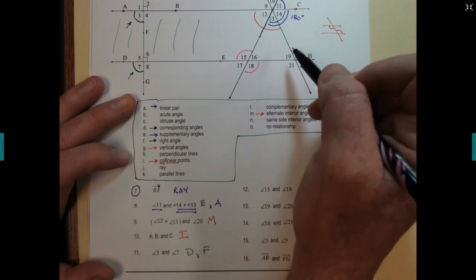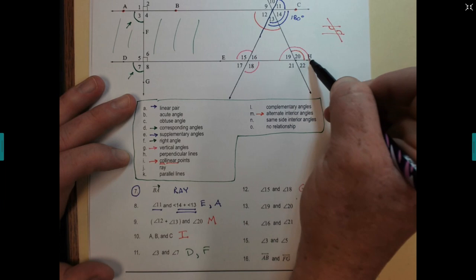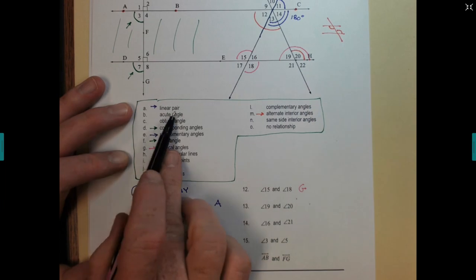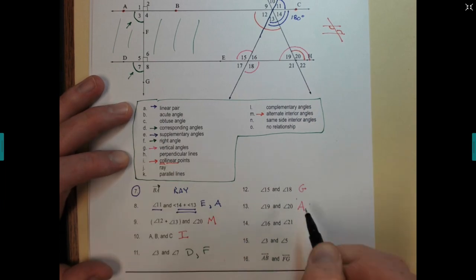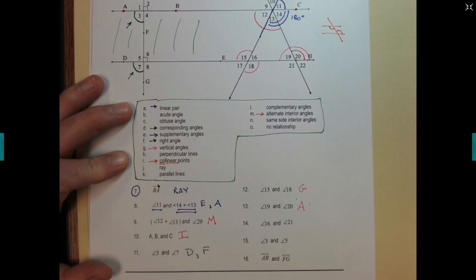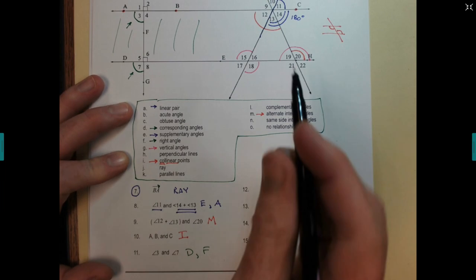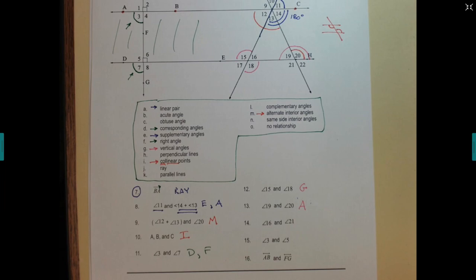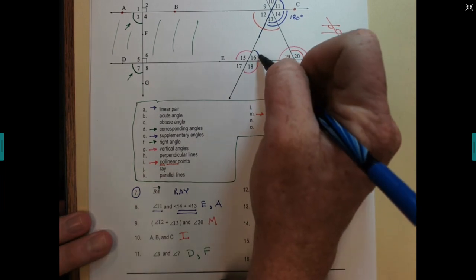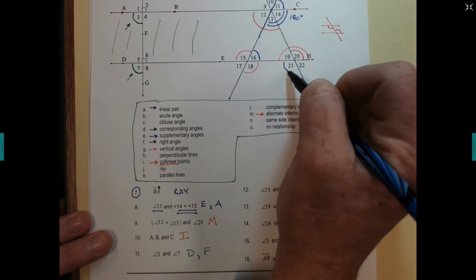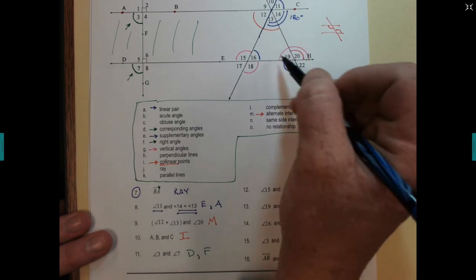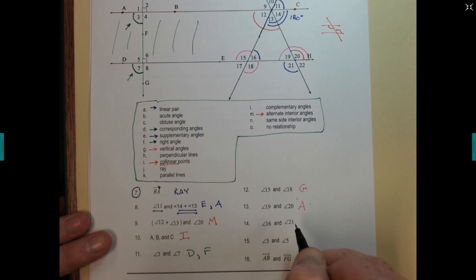19 and 20. There's a true linear pair. 16 and 21. They're both on the interior, but they're on alternate sides.